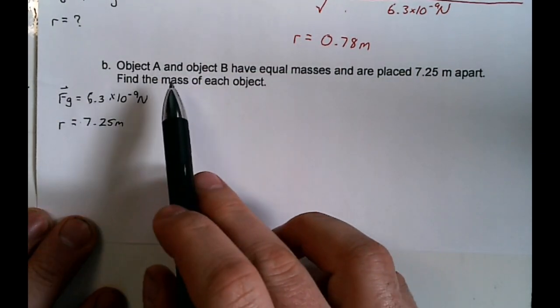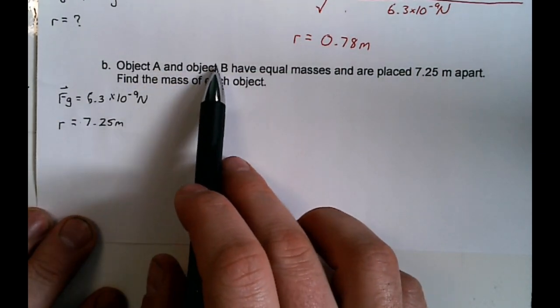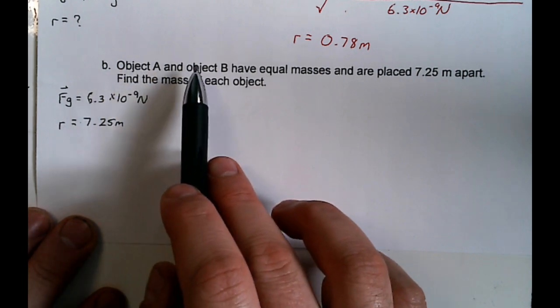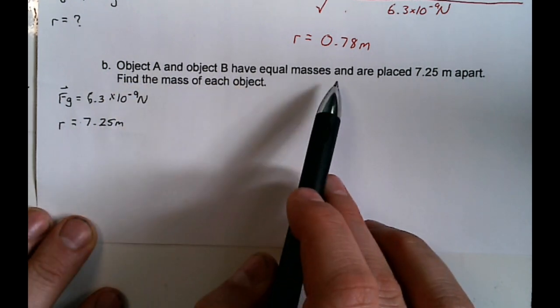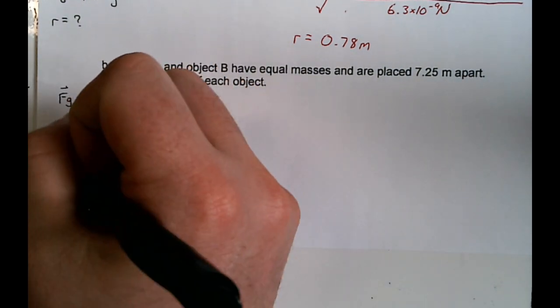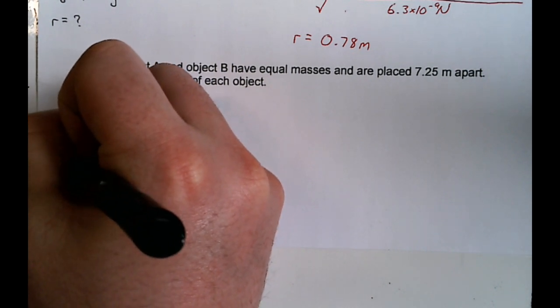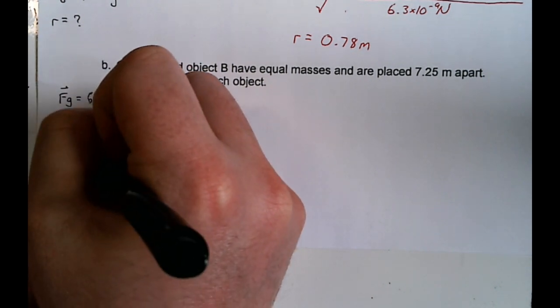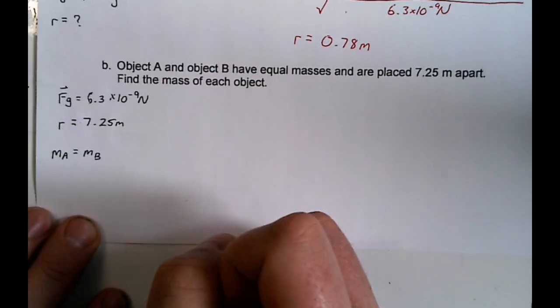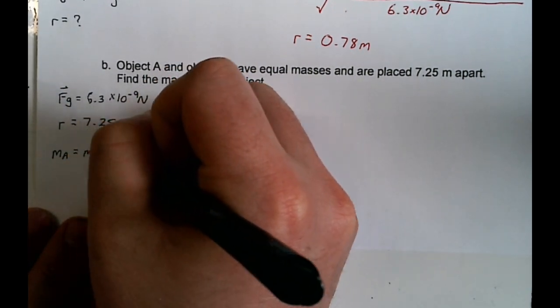And our question wants us to find the mass of the two different objects. But what we know is object A and object B have equal masses. So MA is equal to MB. That's what we're trying to figure out.